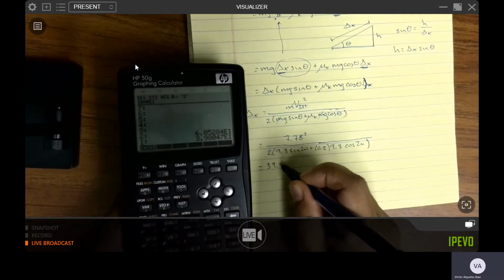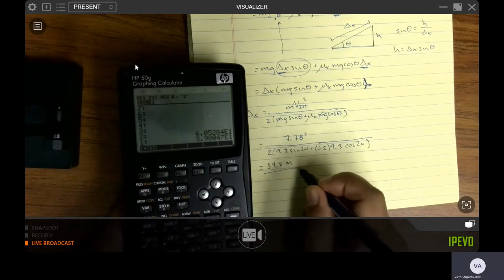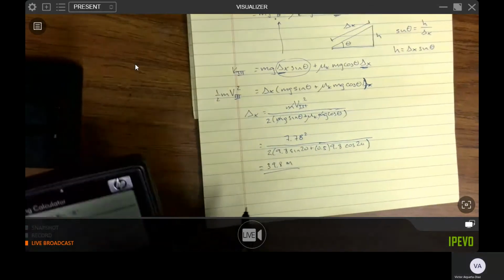I got 39.8 meters, which is huge. Maybe I did something wrong.